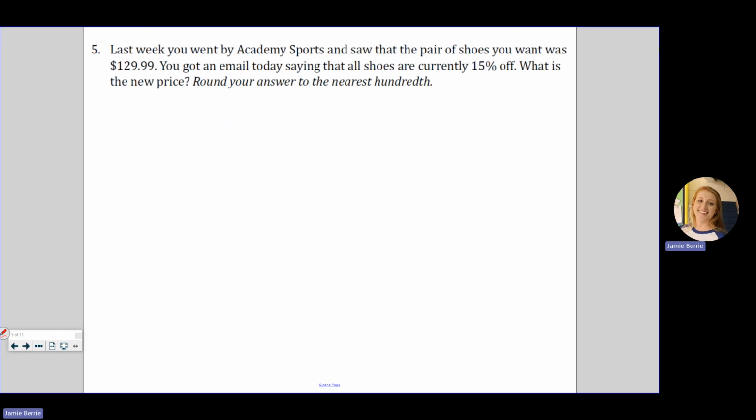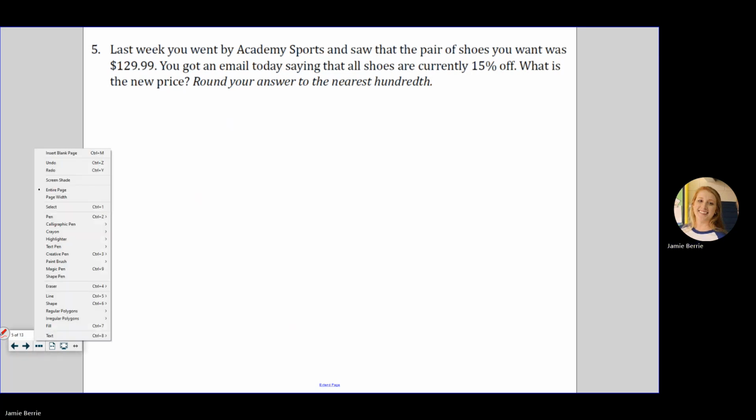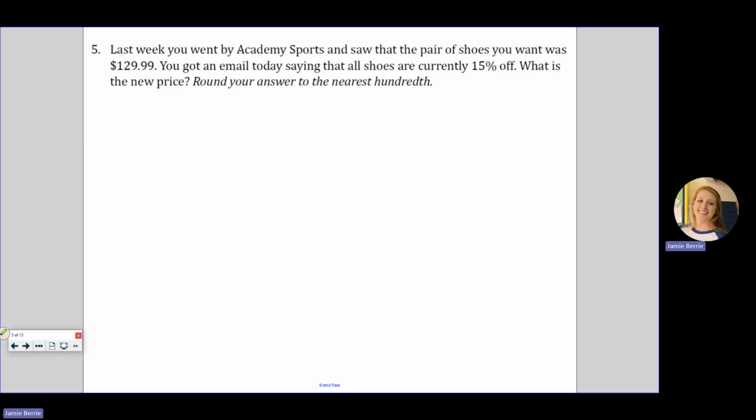You got an email today saying that all shoes are currently 15% off. What is the new price? All right, so we know that we're going to subtract something, right? Because the price is supposed to go down. So how do we figure out what is 15% of $129.99?